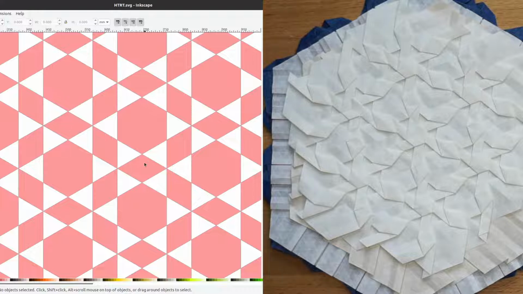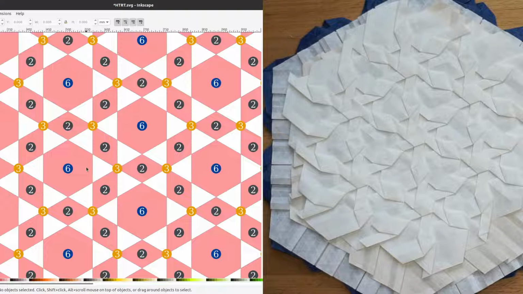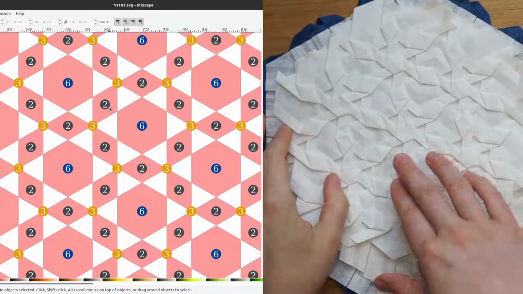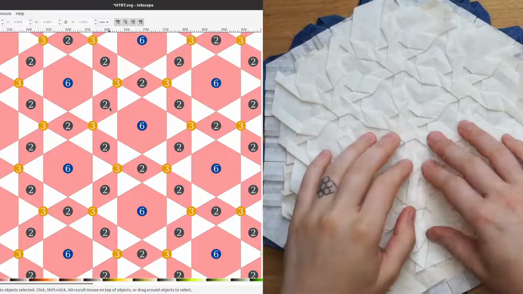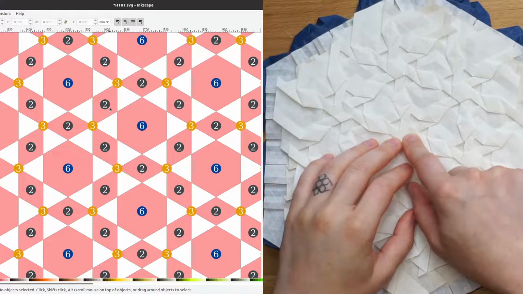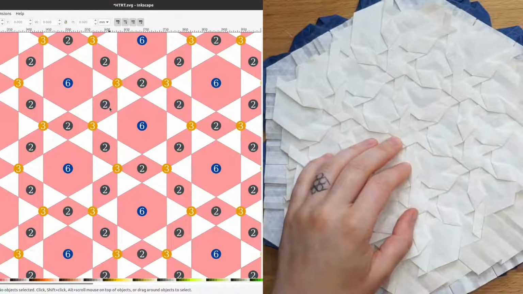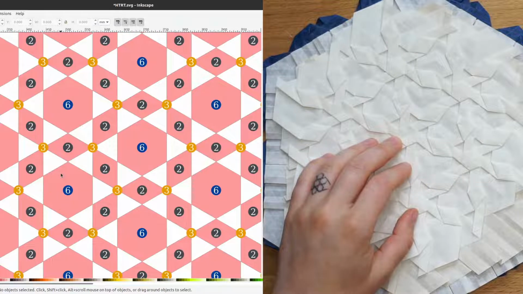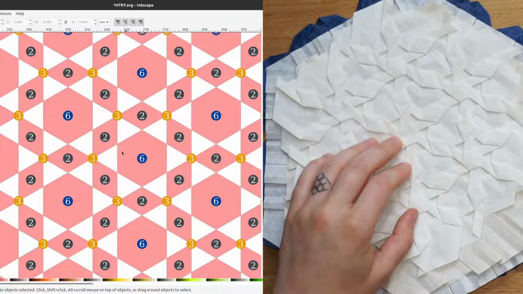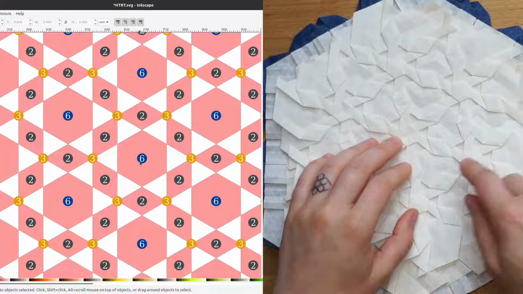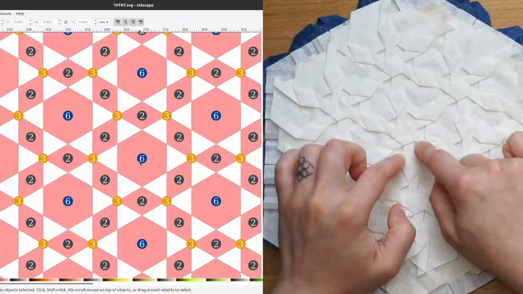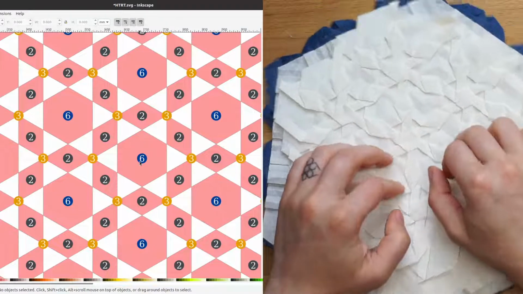So with this tiling, we bring up the full symmetry, and we can get exactly what we see in front of me right now, where I've got the hexagon in the sixfold rotationally symmetric positions. And let me scroll that down so it's more centered in view. Then the triangles are not in rotationally symmetric positions.